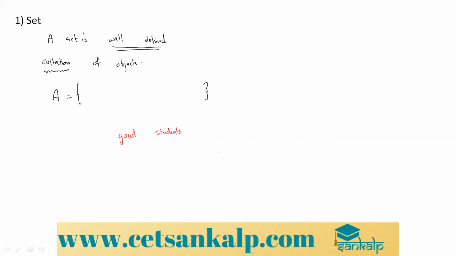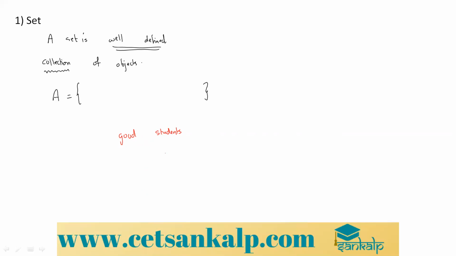For another person, that student is good because he studies good. For a third person, that student is good because he is neatly dressed. So good students means there is not a particular definition. A good student may be looking good, may be studying good, may be dressing good. So it is not well defined.